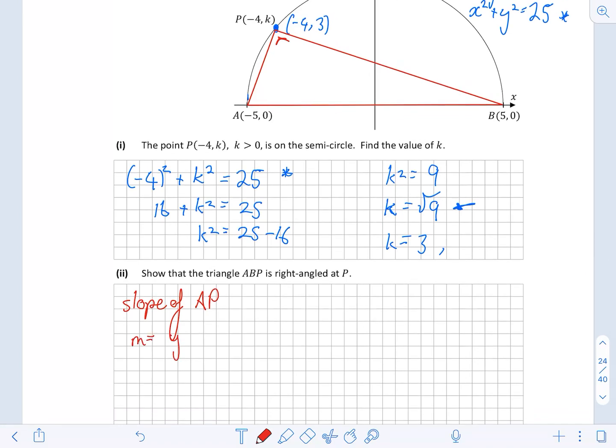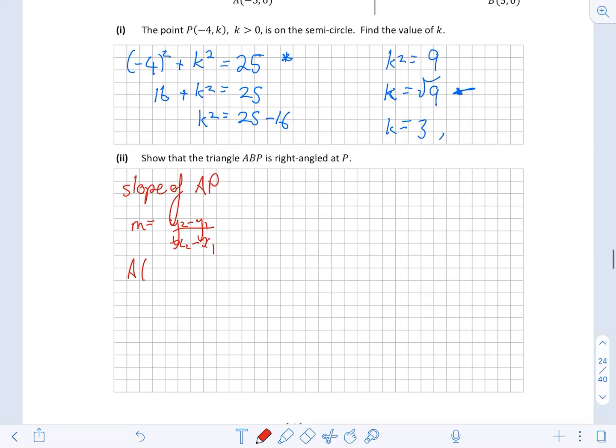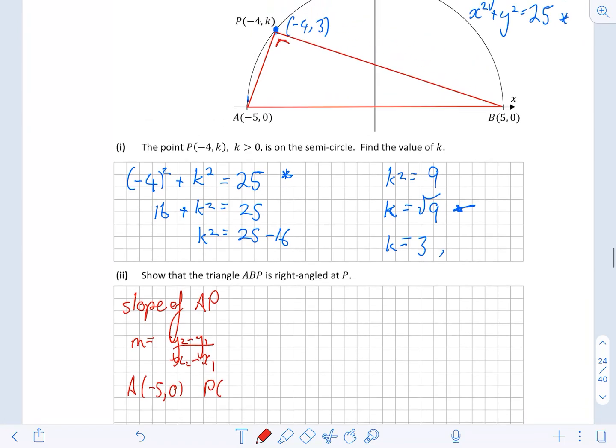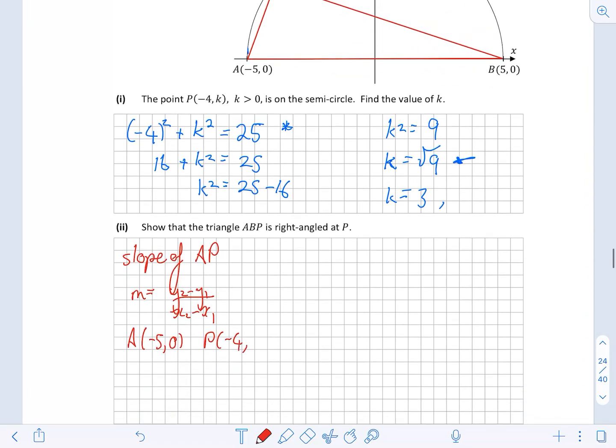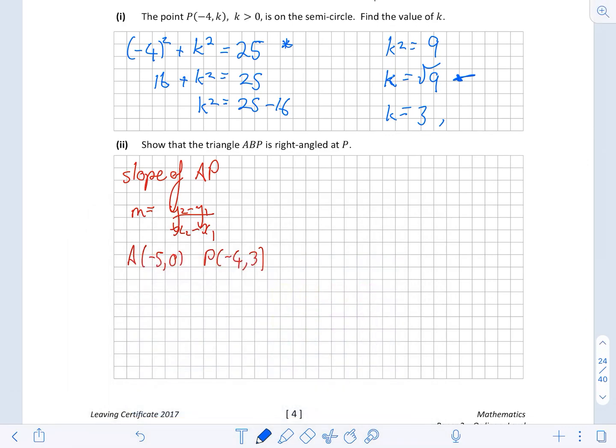So we're going to use the formula m is equal to y2 minus y1 over x2 minus x1, and we should always label up our points. So A is minus 5, 0, and P is minus 4, 3. So let's label them up. Let's call this guy here x1, y1, x2, y2.